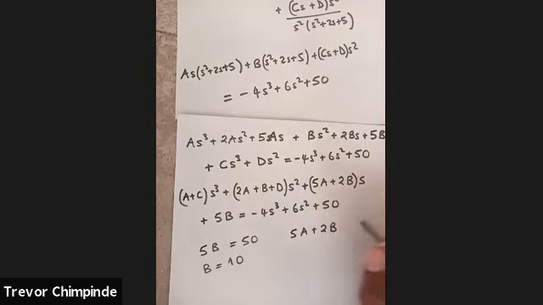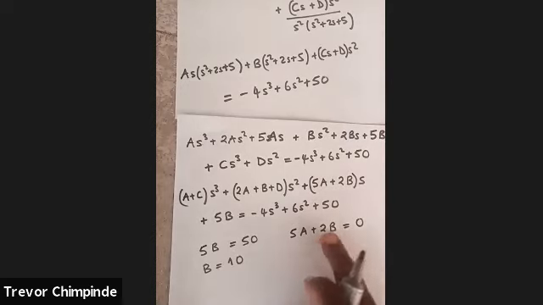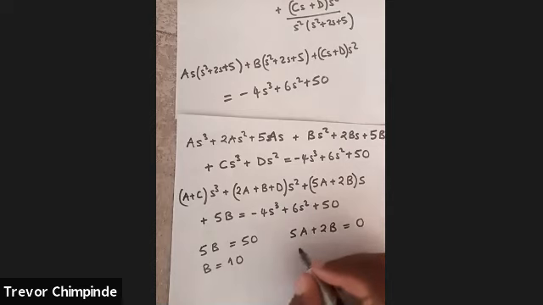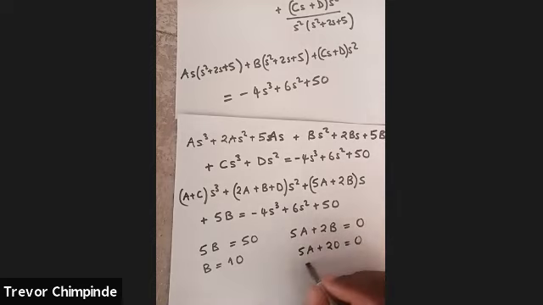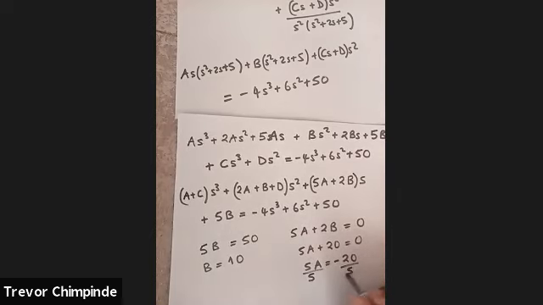On the right-hand side is 0, so this is equal to 0. We already know that our B is 10, so 5A plus 2 times 10, which is 20, is equal to 0. Therefore, 5A is equal to negative 20. Divide through by 5. We get that A is equal to negative 4.